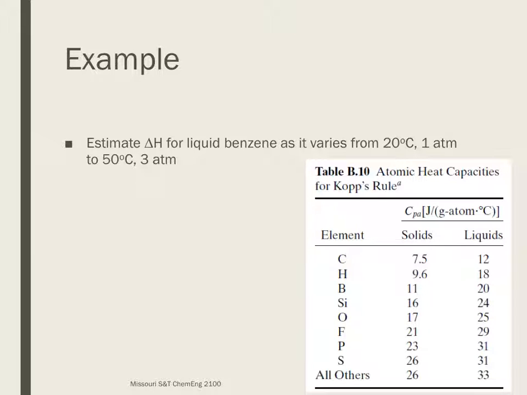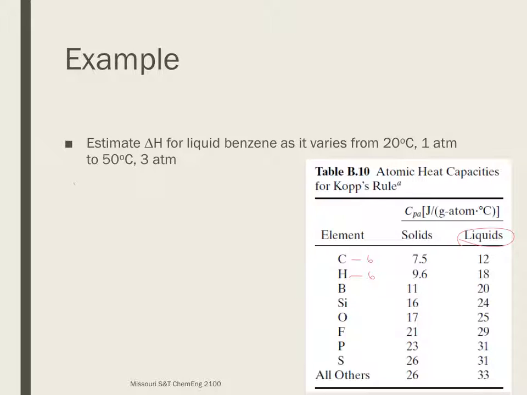Now in this last example, we're going to look for the change in enthalpy for liquid benzene as it varies from 20 degrees C, 1 atmosphere, to 50 degrees C, 3 atmospheres. But this time we're going to use Kopp's rule and assume that we don't have C sub P data. We're talking about liquid benzene, with 6 carbons and 6 hydrogens.